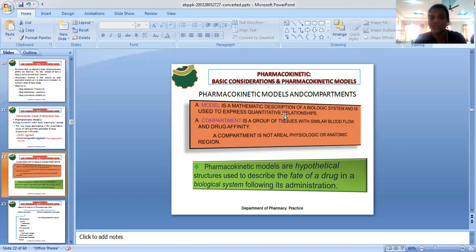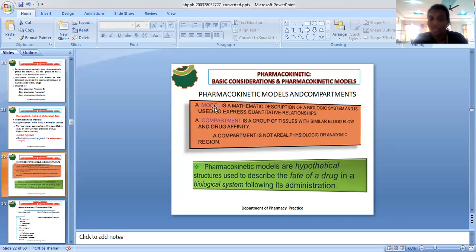For that, the quantitative relationship between the amount of drug present in the body and the concentration of the drug in plasma is used: Vd = X/C. That is one mathematical description. By using that formula, how much of the drug is distributed in a particular tissue can be determined.